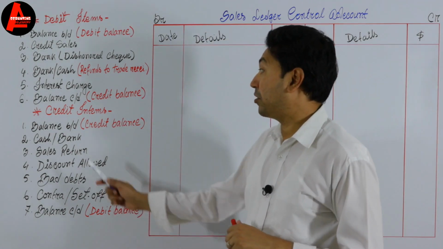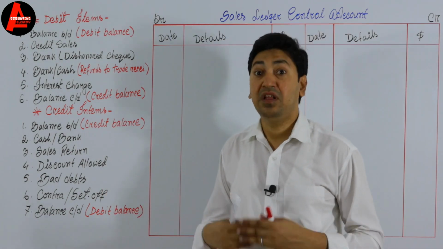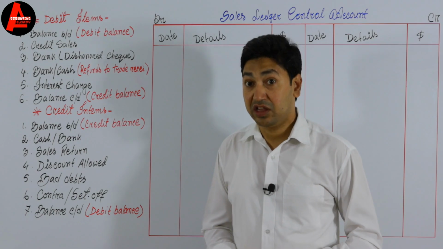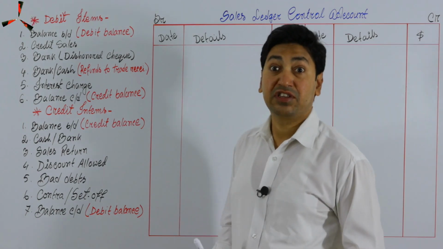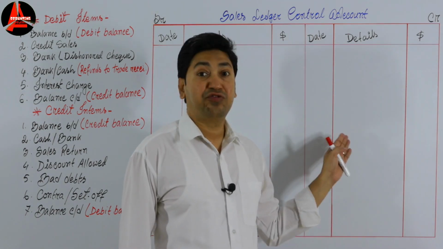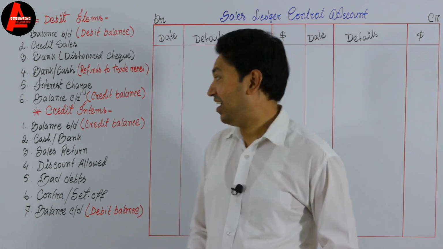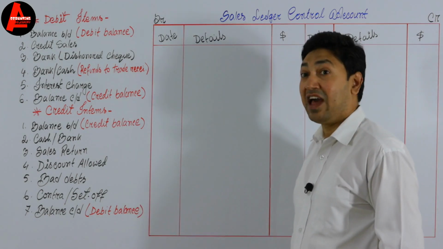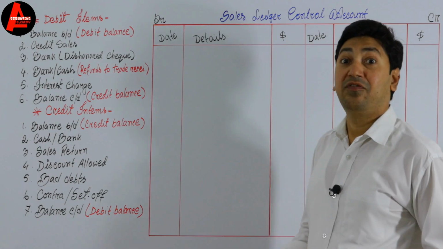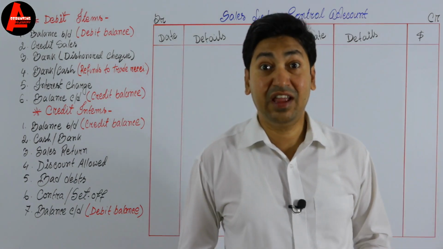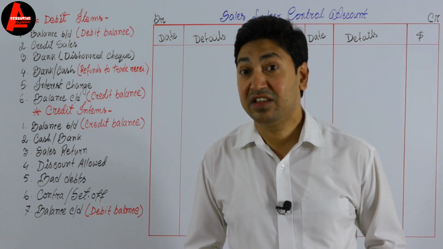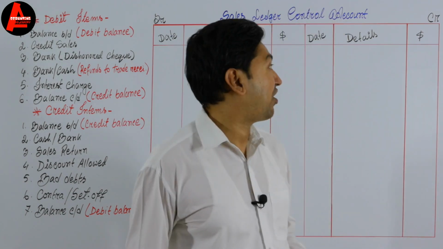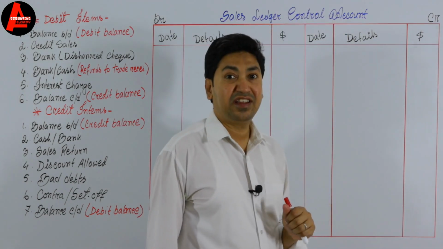Then number 3 here, sales returns. If sales returns are given in the question, don't be confused, you write them on the credit side here. Then number 4 here, discount allowed. Sometimes you will have discount allowed in the question. If there is discount allowed, then you need to record it on the credit side.